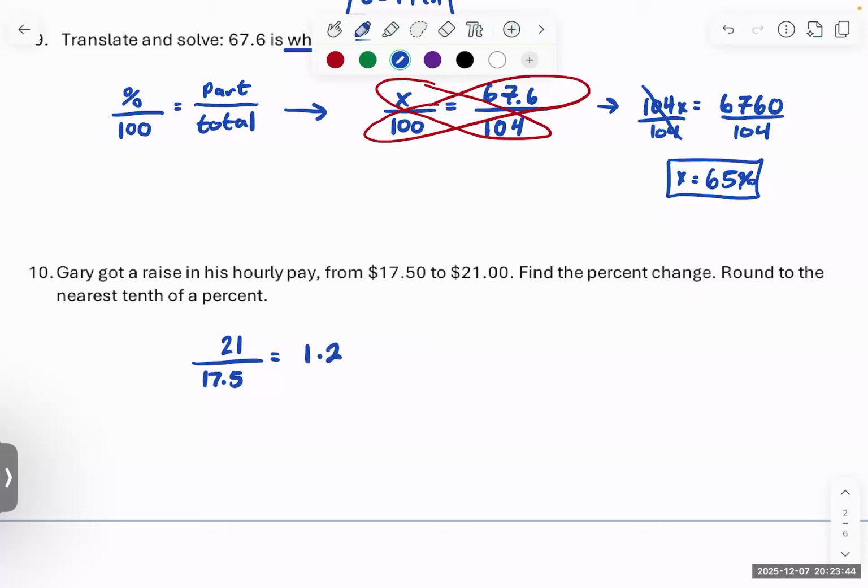So what that means is it's 100% of his pay before plus 20%. So it's a 20% increase. That's what the 0.2 means.